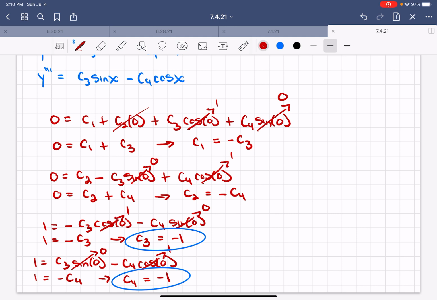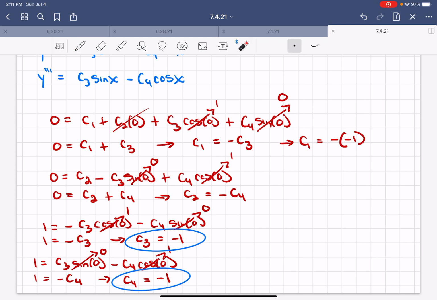That would mean that c1 equals negative c3, which we found to be negative 1 right here, which means that c1 is positive 1. And c2 equals negative c4, which is negative 1, so again, positive 1.